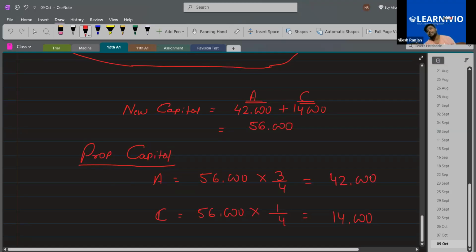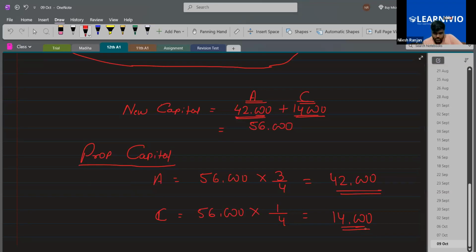So in this case, it is the same because you can see adjusted capital is also 14,000, new capital is also 14,000, and 42,000. So both are the same. There will be no cash withdrawal or cash brought by the partner, because in this case, adjusted capital and proportionate capital are the same.